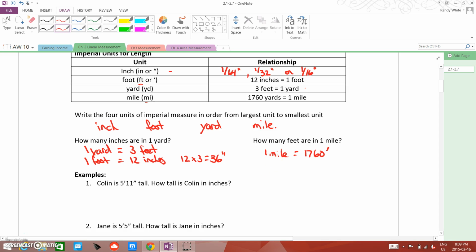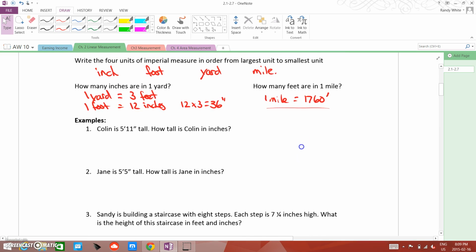So there we go. That's all we need to do right there. You're going to have to really get used to going back and forth like this and be able to determine which one is which. So let's do a couple of examples.